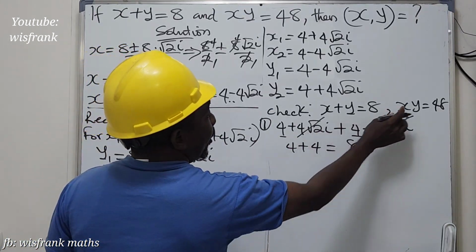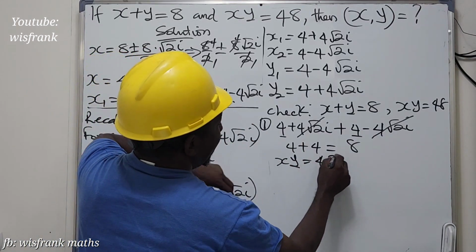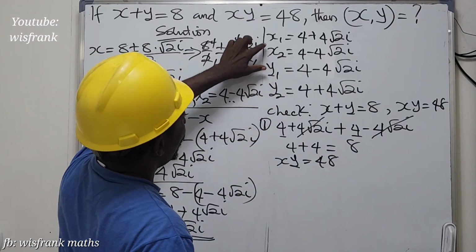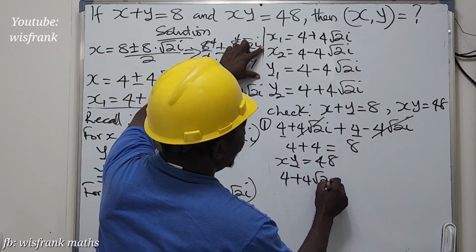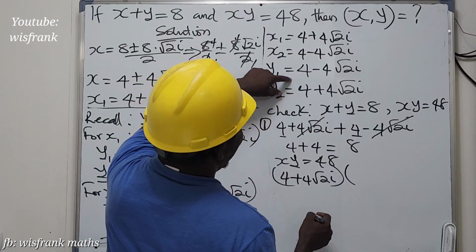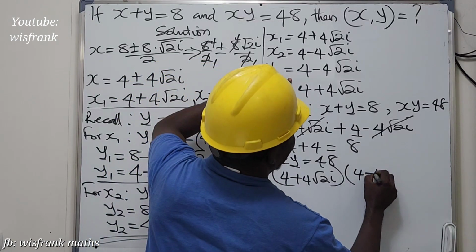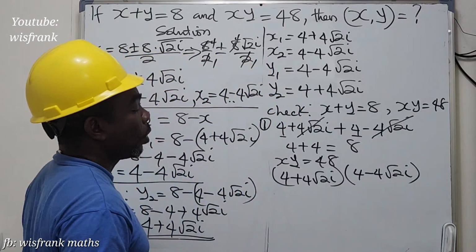Then we have for this second one, which is xy equals 48. In this situation, for x1, we have 4 plus 4 root 2i, then times y, which is y1, we have 4 minus 4 root 2i. So this is what we have.